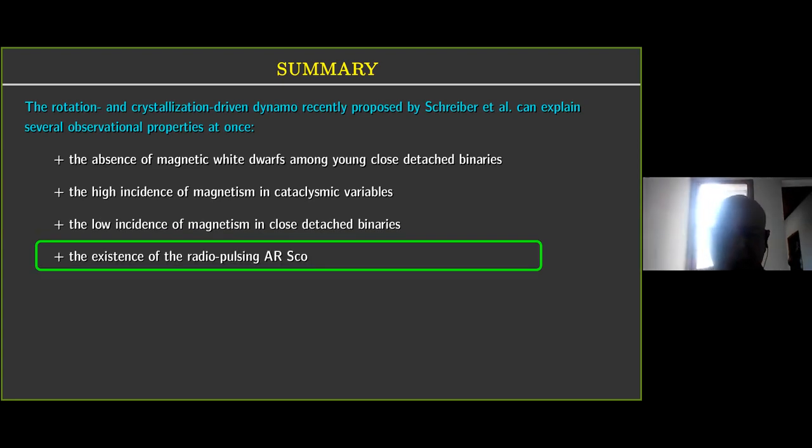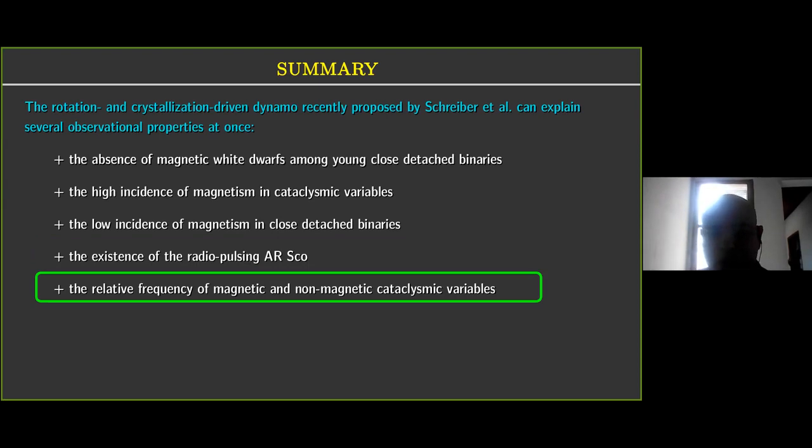The existence of AR Scorpii, a system in the beginning of the synchronization process, and the relative frequency of magnetic and non-magnetic CVs.